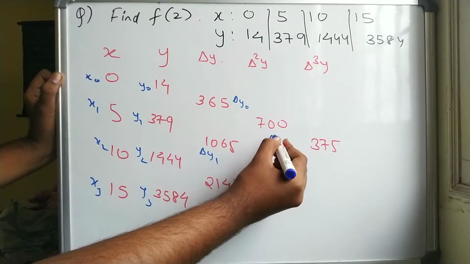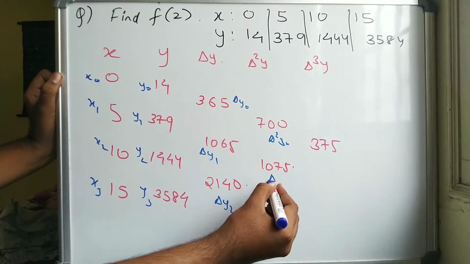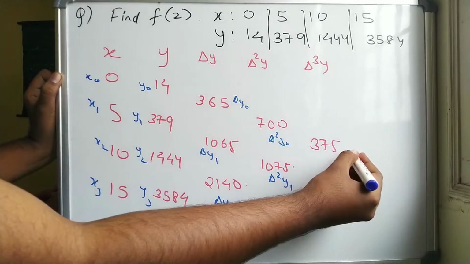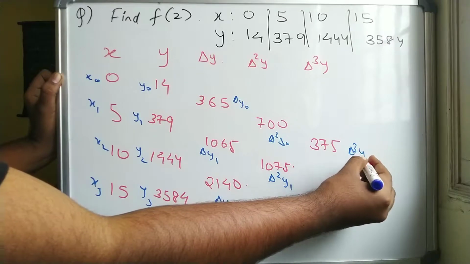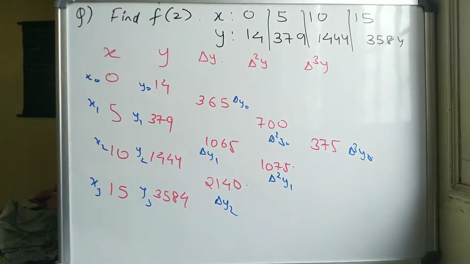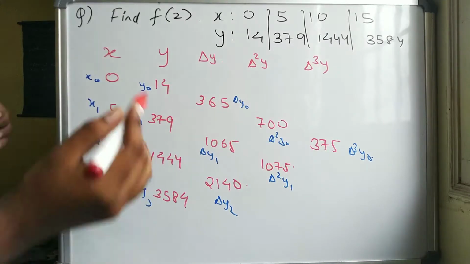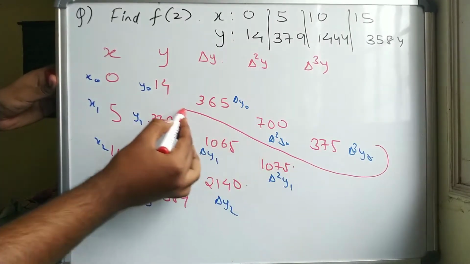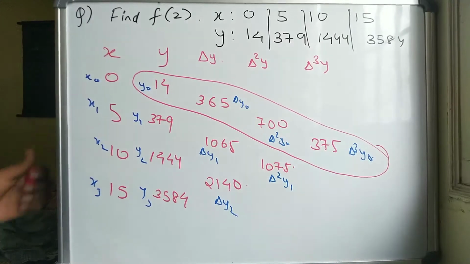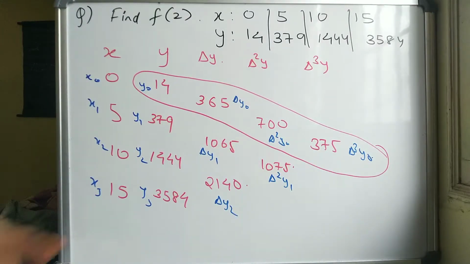Then delta square y0, delta square y1, and the last term delta cube y0. In the formula we'll be using only the diagonal terms: y0, delta y0, delta square y0, and delta cube y0.